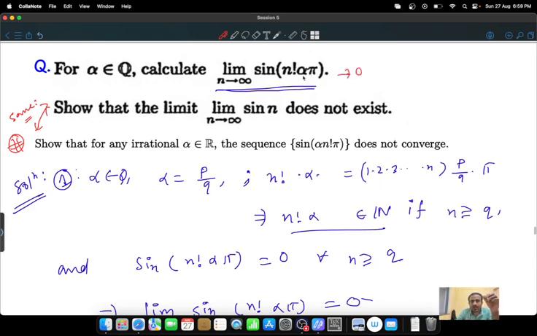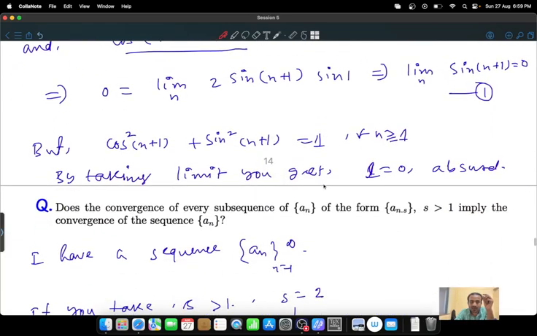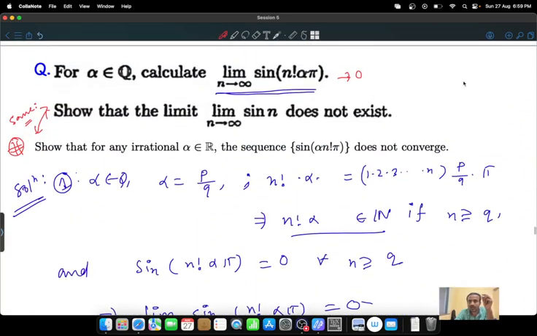But if you take alpha to be irrational, then it does not converge, because intuitively after a certain stage all the terms would be multiples of pi, but since it is an irrational number, you can never make it an integer, because if at any time it becomes an integer, then alpha has to be a rational number, no other choices. So you assume by contradiction that it converges.